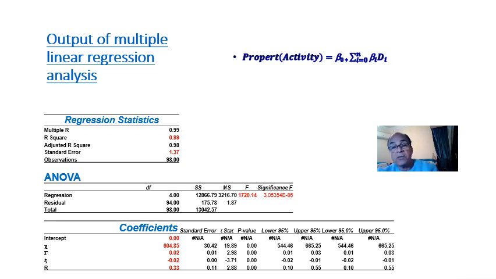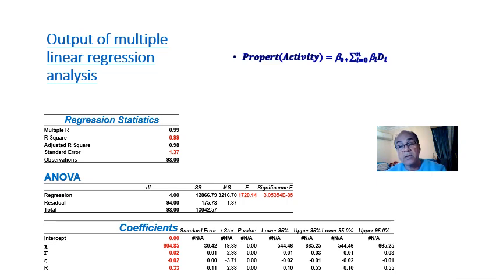The criteria to evaluate the given mathematical model: the standard error should be low, R square shouldn't be less than 0.9 for medicinal studies and not less than 0.95 for other studies.